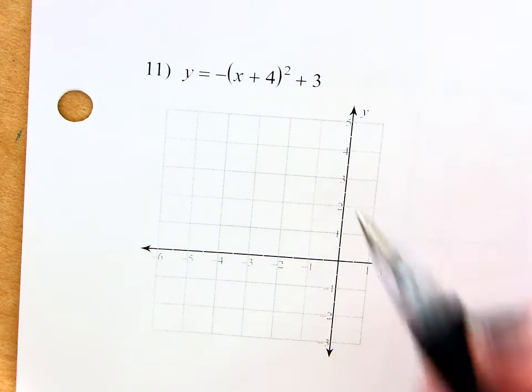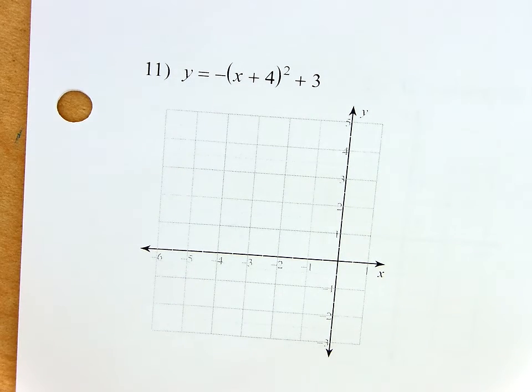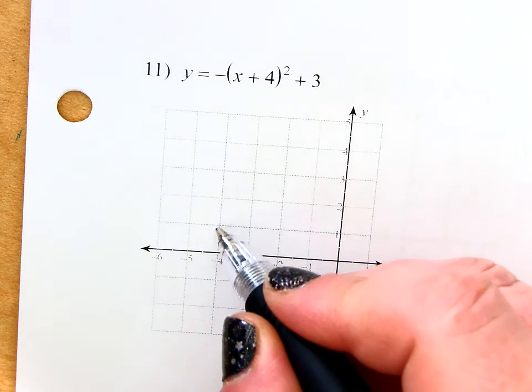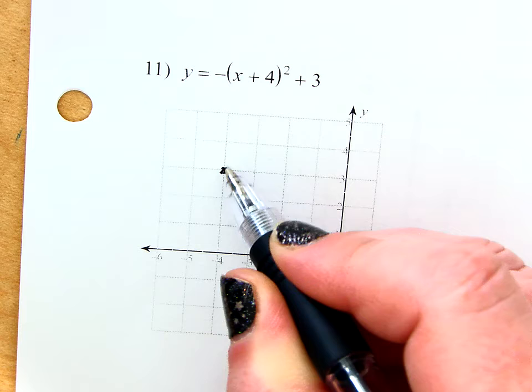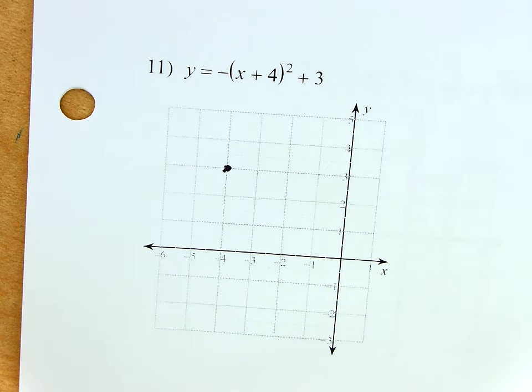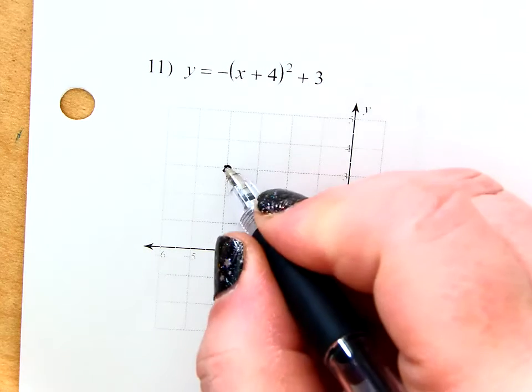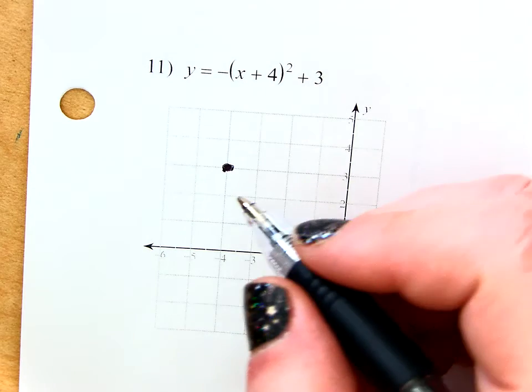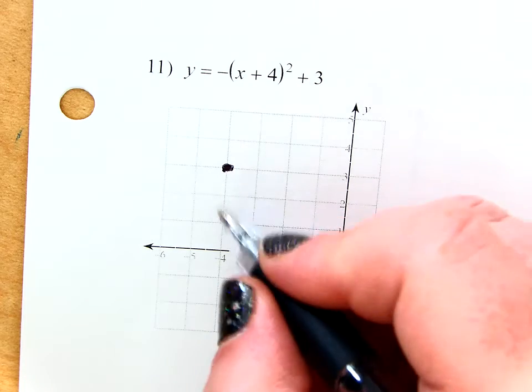All right, so if you're looking at 11, where's my vertex going to be for this? -4, 3. -4, 1, 2, 3. All right, but now A is -1. So what does that do to everything? Where do I go from here now? Down.